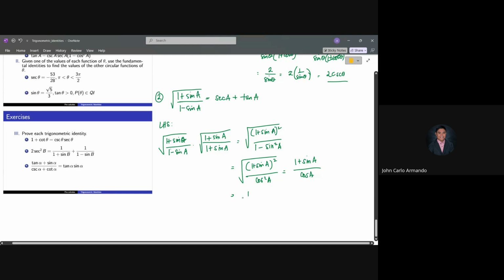So that is 1 over cos A plus sine A over cos A. And as you can see, 1 over cos A is secant A by the reciprocal identity, and sine A over cos A by the quotient identity is tangent A. So we already proved that the equation is an identity.